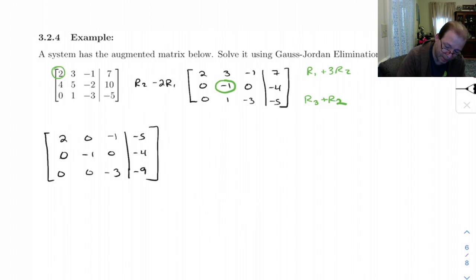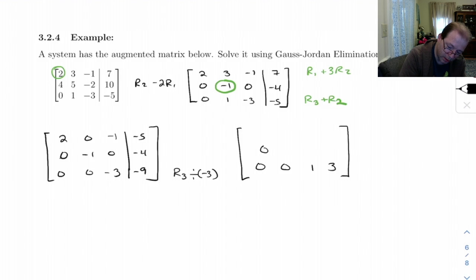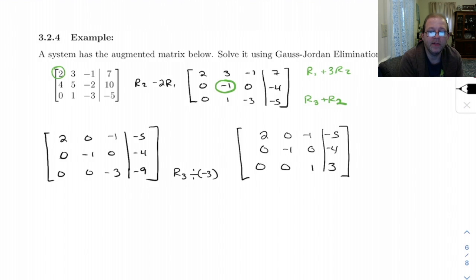All right. So what next? Let's divide this bottom row by -3. And now there's 2 things left to do. Add that bottom row onto the top row. So row 1 plus row 3.